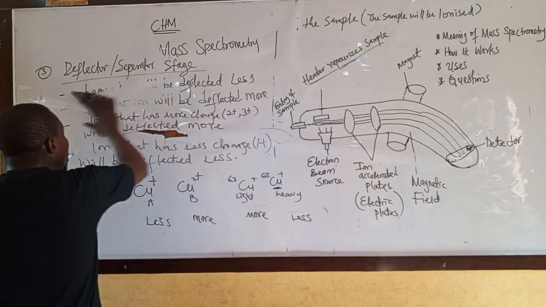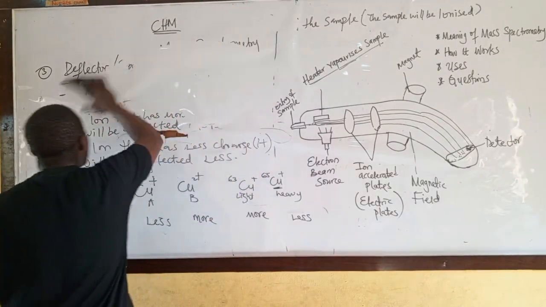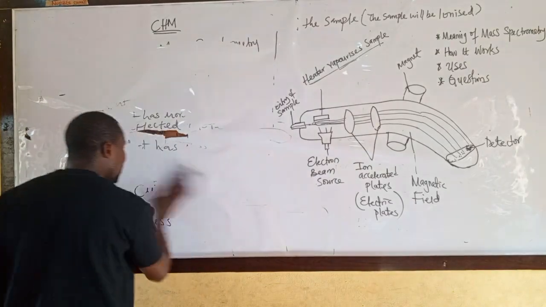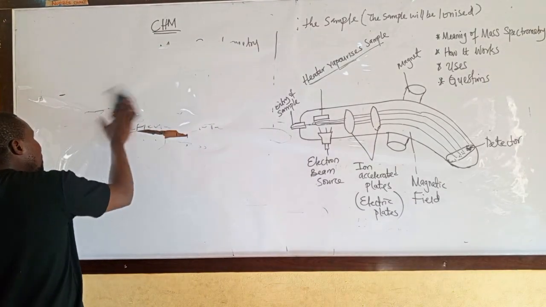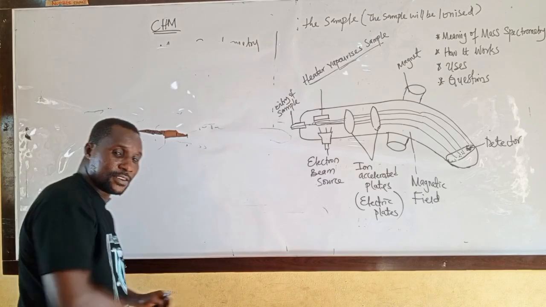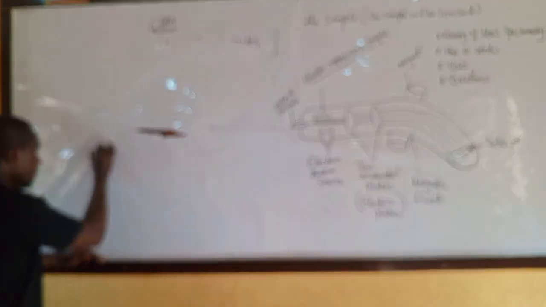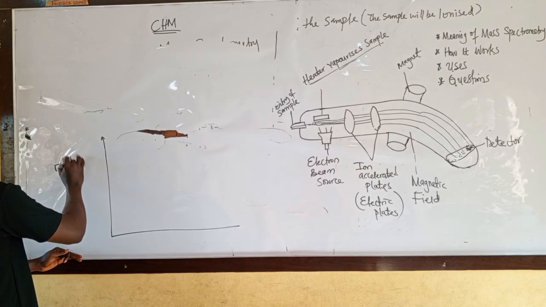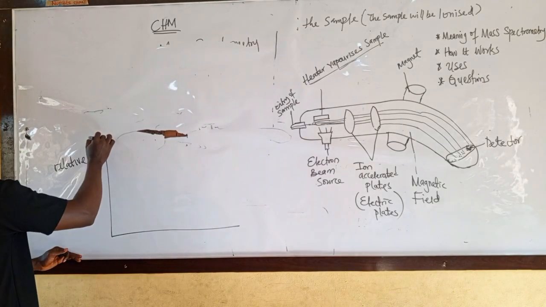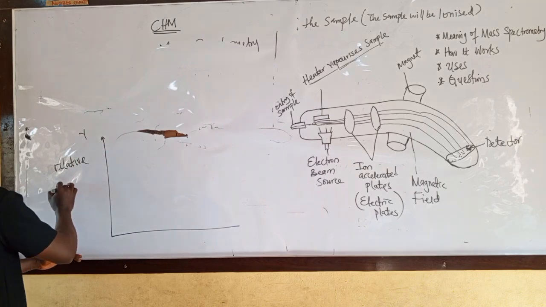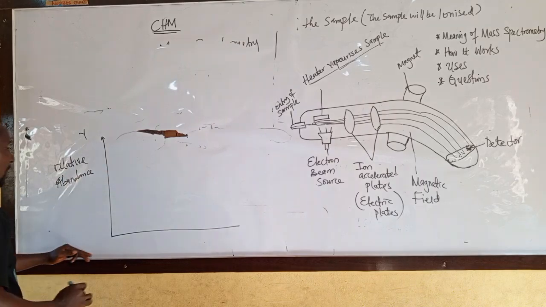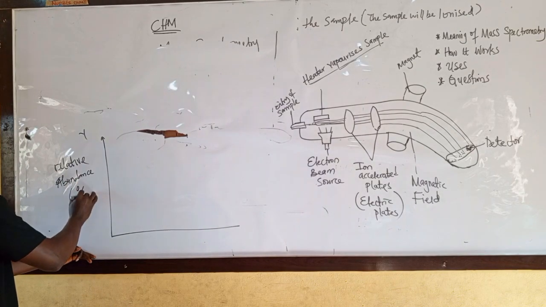Then let's move to the graph. On the graph, we have relative abundance on the vertical y-axis, which is given in percentage.